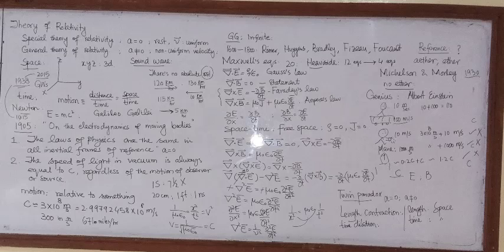And from here I can write that V is equal to 1 over the square root of mu naught epsilon naught. We know mu naught is the permeability of free space and epsilon naught is the permittivity of free space.